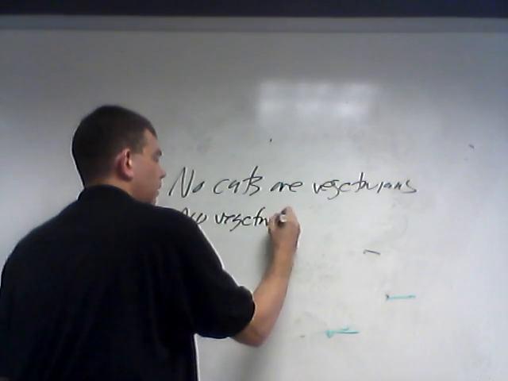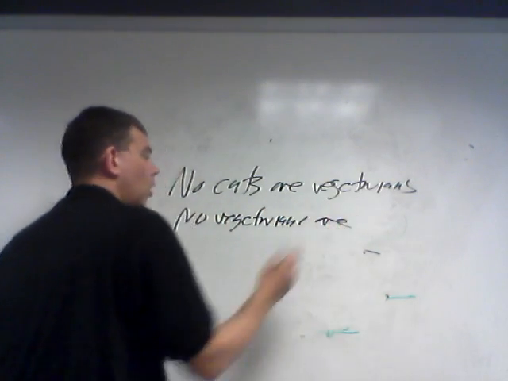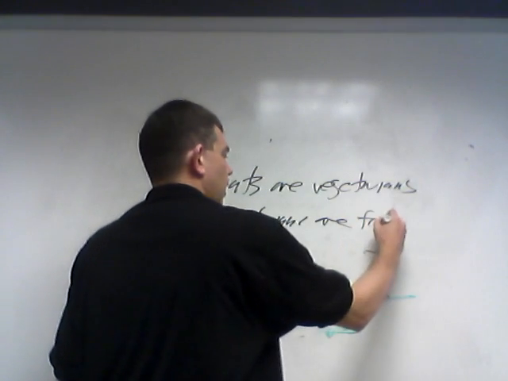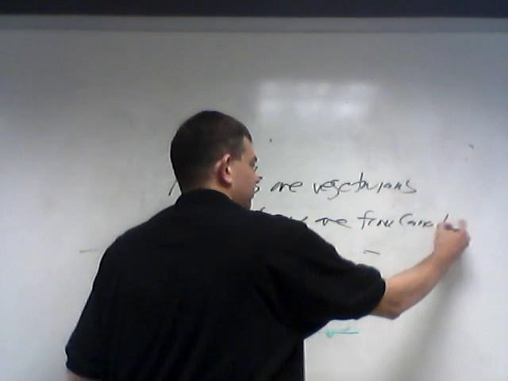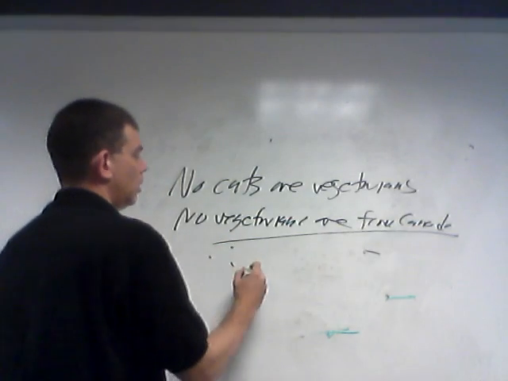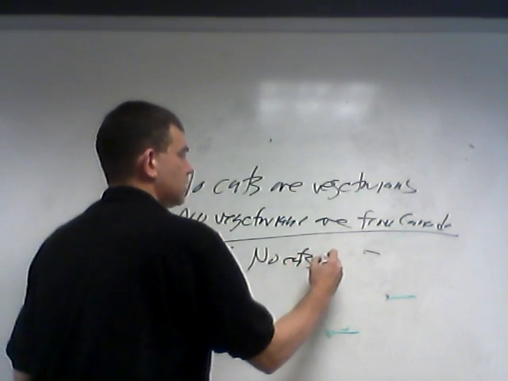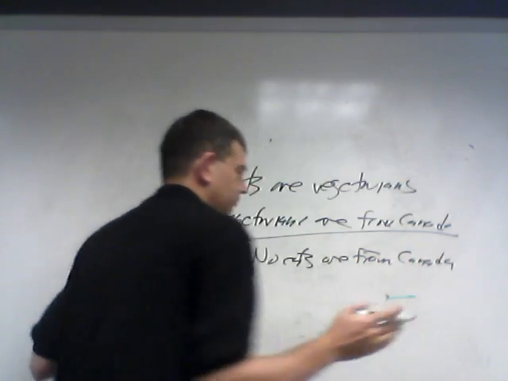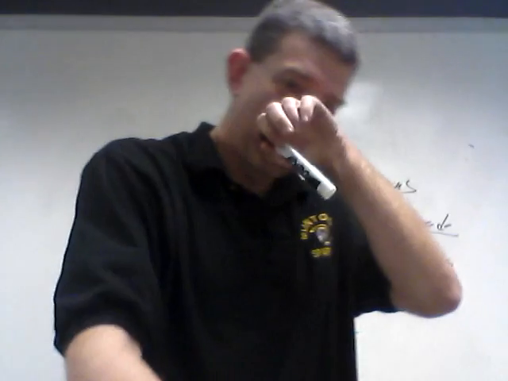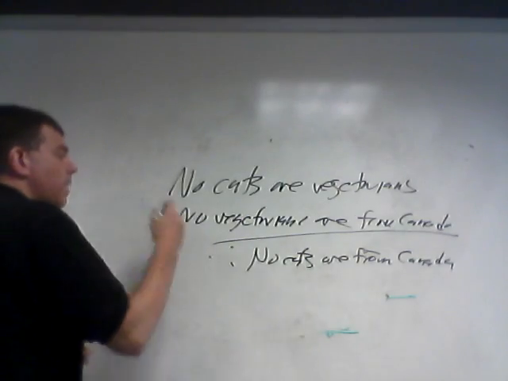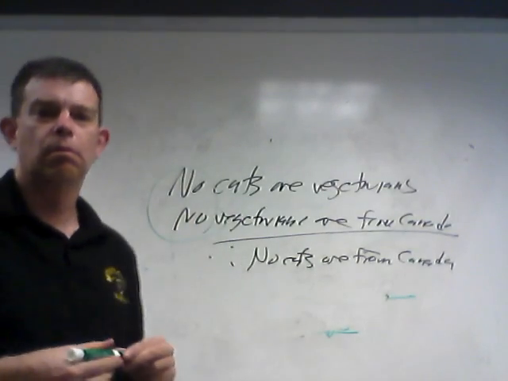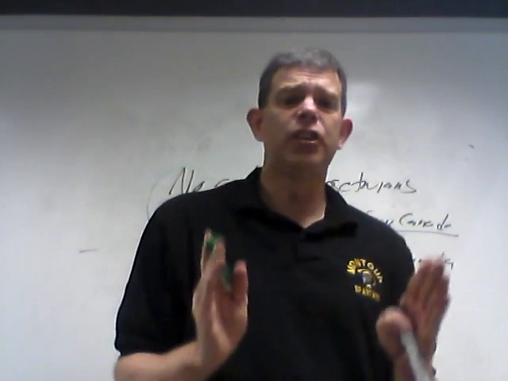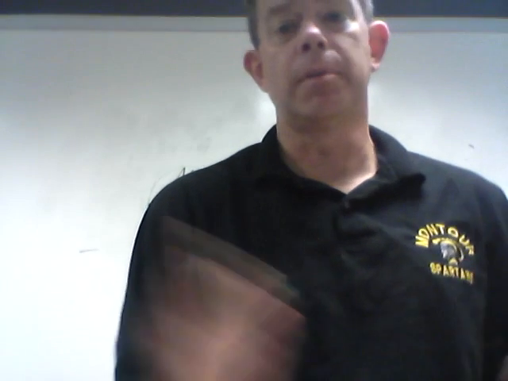No vegetarians are from Canada. Therefore, no cats are from Canada. Okay, man, that's silly. But anyway, if you see 2 negative premises, boom, you're done. No valid argument can be made from 2 negative premises. Okay? That's pretty straightforward. That's an easy one.